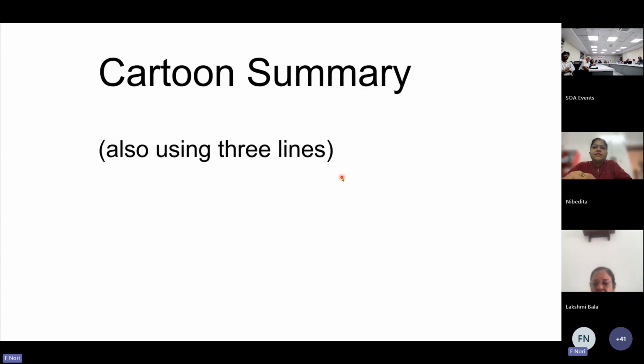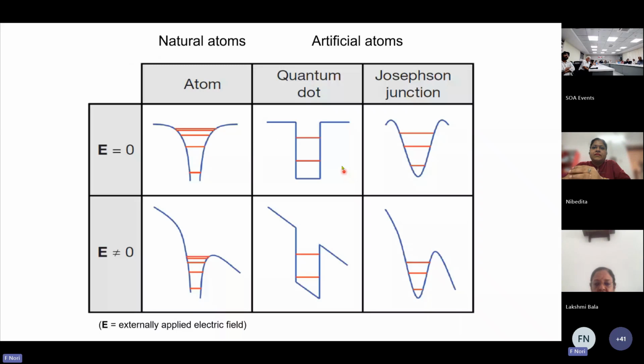This is from here. We have here atoms, semiconductors, superconductors for electric field equal to 0. The blue curves are the potential energy, the red lines the discrete energy levels. We put in an electric field, and of course this is tilted. And this is the kind of system called a phase qubit, which is essentially what Martinez and Clark studied in the mid-80s.